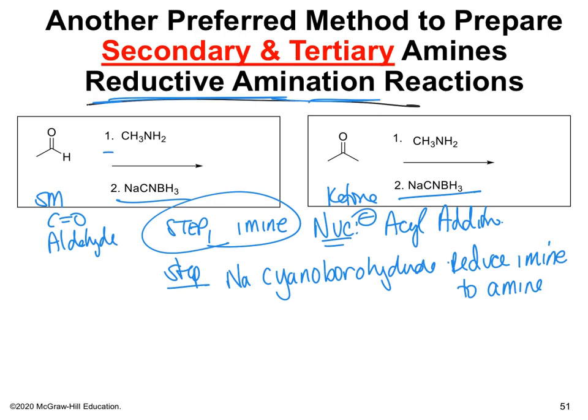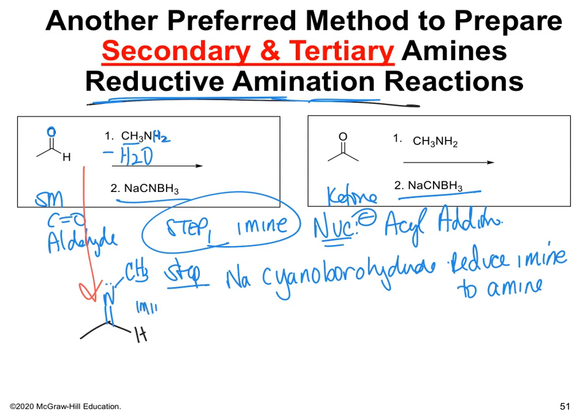Remember, when you make an imine, you lose water. So you don't have to go through that 7-step synthesis that you did before. You can just go ahead and make the oxygen and the 2 hydrogens make the water. And so now you have a double bond nitrogen with the CH3.